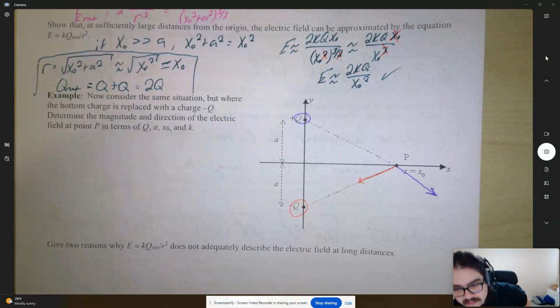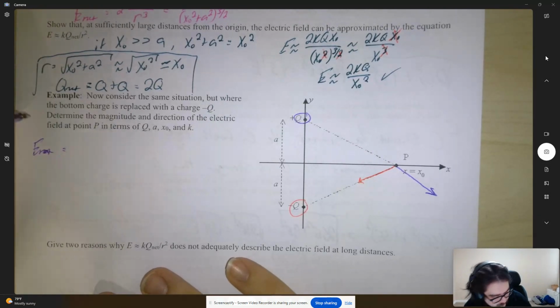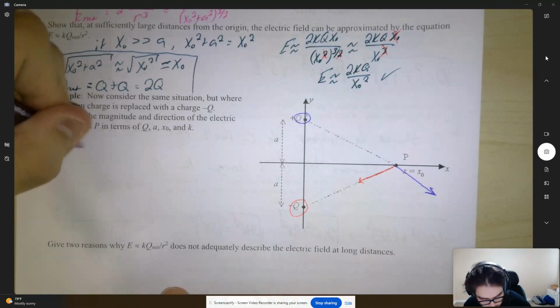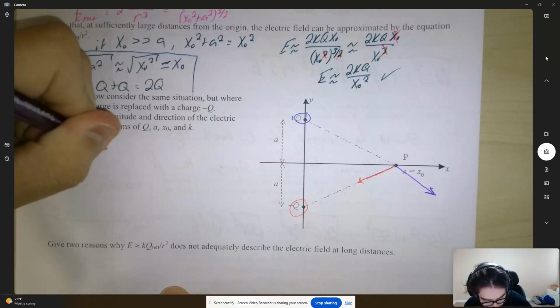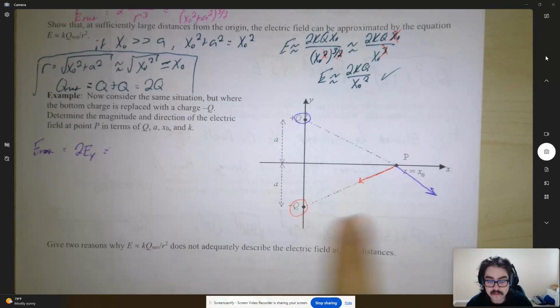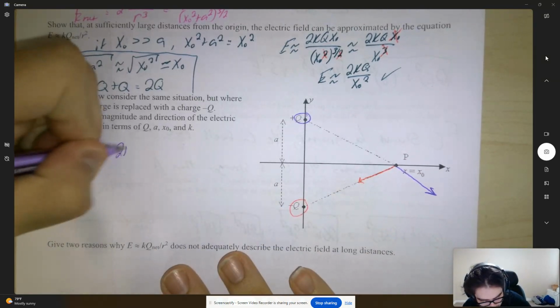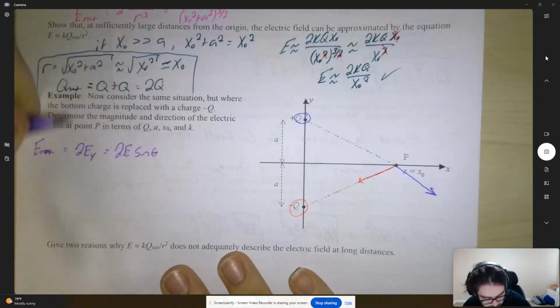We could see that the net field, instead of being the cosine component, is going to be 2E sub y, which will require us to use sine instead of cosine. So it's going to be 2E sine theta.